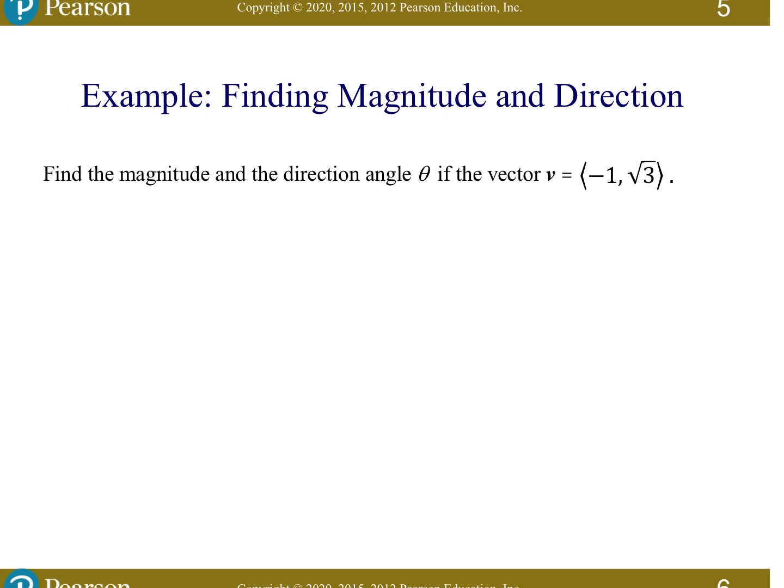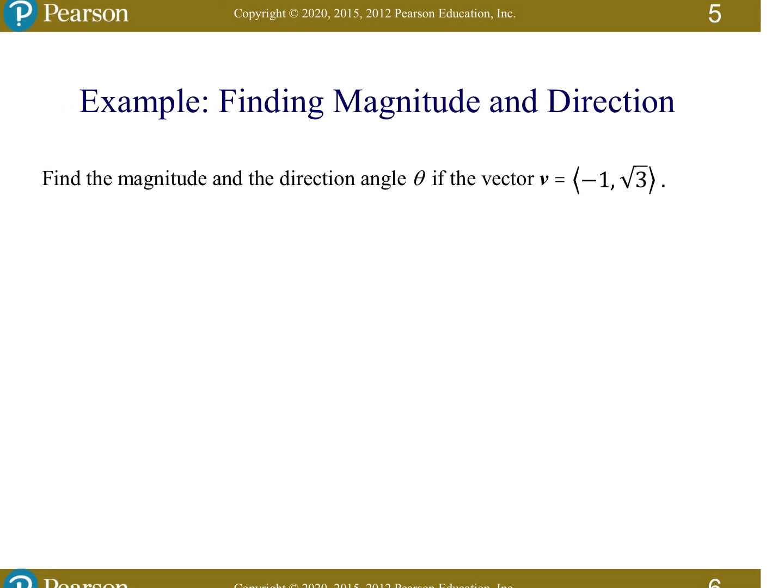Okay, so just quick practice. Find the magnitude and the direction angle for the vector with a -1 x component and a radical 3 y component. It always helps me to visualize it, so I'm going to put this into quadrant 2, -1 and radical 3 here. So our vector is heading right there.